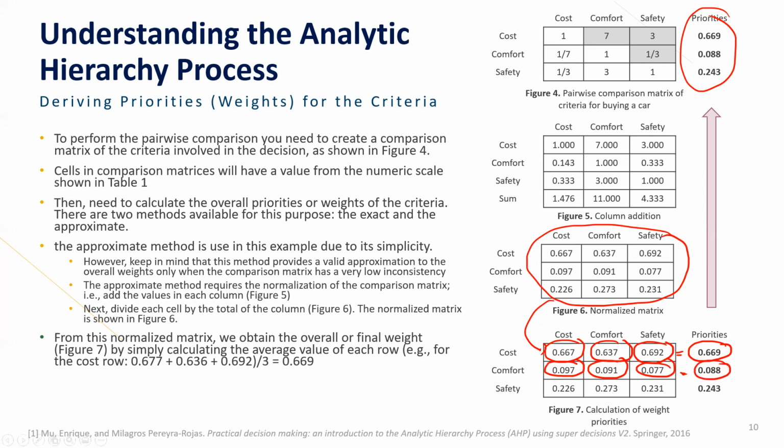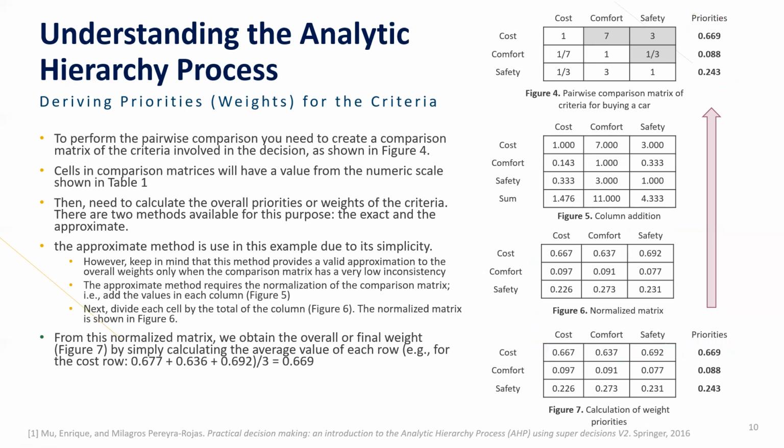And this priority is the result of our second step here, where we derive the weight for each criterion. It means that for each criterion, we now have the weight.